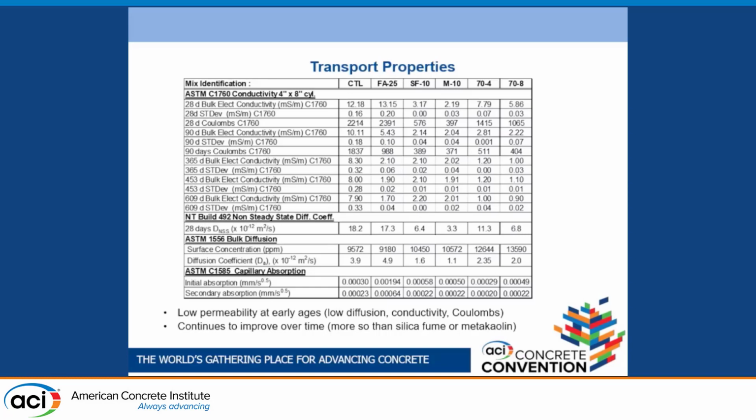You can see we have relatively low values up front for the control and fly ash, a little bit higher than the silica fume and metakaolin, but by the time we get to longer times, we're much lower than the metakaolin and the silica fume. And the fly ash, of course, has come down in time as it gets better. So we're basically showing that this stuff continues to hydrate and it gets better.